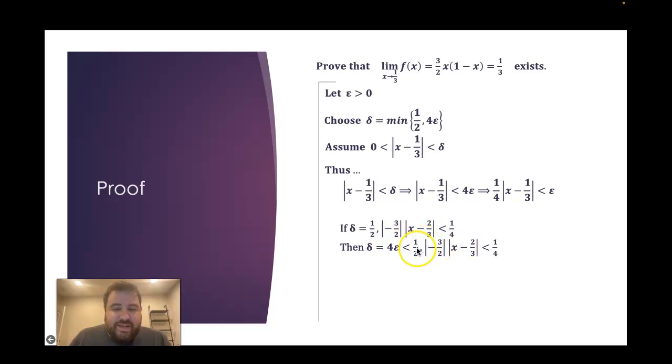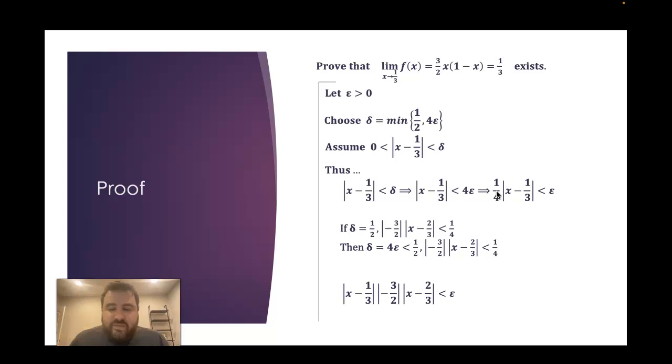It actually just means that it's even smaller than the original one. The specifics aren't really important. What matters is that the inequality still holds, and we can use that to substitute the absolute value of negative 3/2 times the absolute value of x minus 2/3 back into this expression. So let's do that.